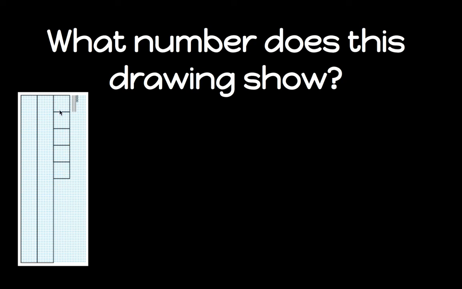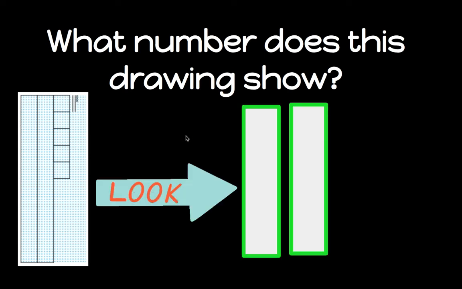So I have 2,500, and I've got 3 quick tens. 10 times 3 is 30. So 2,530. And we have 4 little circles, so 4. 2,534.